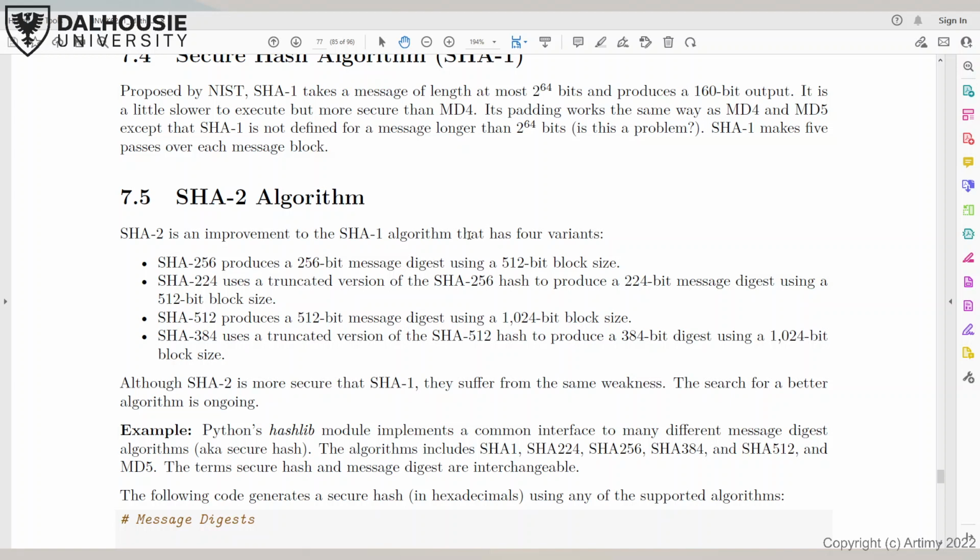The SHA-512 takes a 1024-bit block and produces a 512-bit message, right? And the SHA-384 takes a 1024-bit block and produces a 384-bit digest, right?